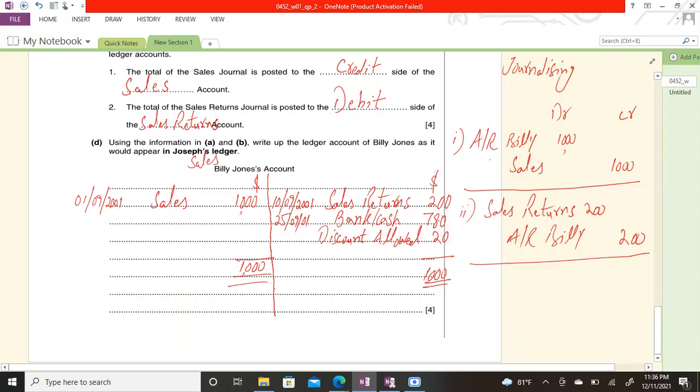So you can say cash or bank is debited by 780, offering a discount, which is a loss for the business, because the business also needs this cash quickly from the credit customer to run the business and pay for the day-to-day expenses, and account receivable Billy will be credited by 800.